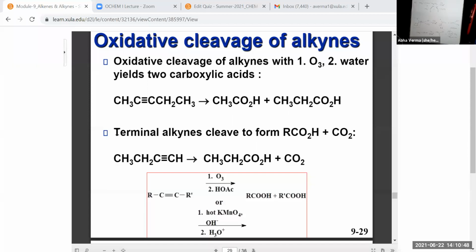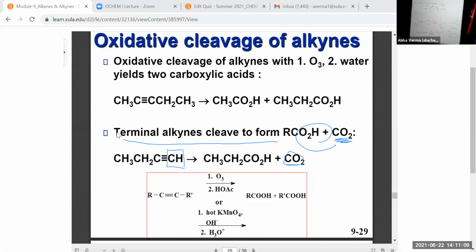So remember, that is the only difference. Terminal alkynes, as it's stated here, cleave to form the carboxylic acid and the carbon dioxide. Which carbon contributes? The terminal carbon contributes the carbon dioxide.